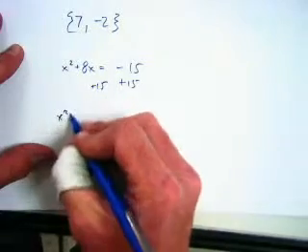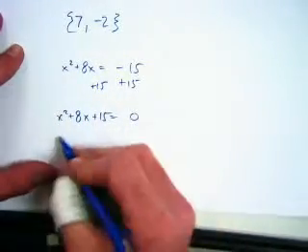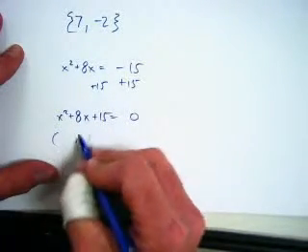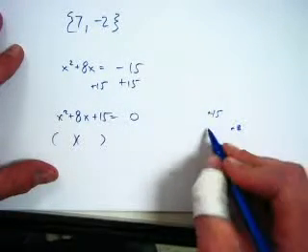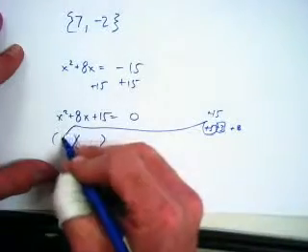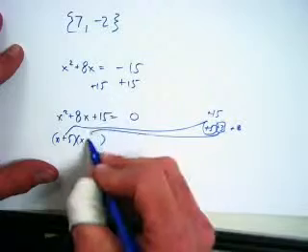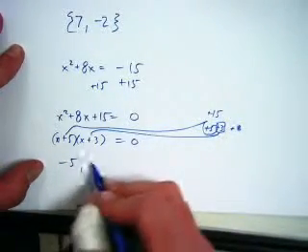So we get x squared plus 8x plus 15 equals 0. I'm going to factor this because I don't have a coefficient there. I can use CAT certified. Multiply to positive 15, add to positive 8. Looks like positive 5 and positive 3. Positive 5 goes here. Put an x there, and then positive 3 goes here, equals 0. So my answers are negative 5 and negative 3.